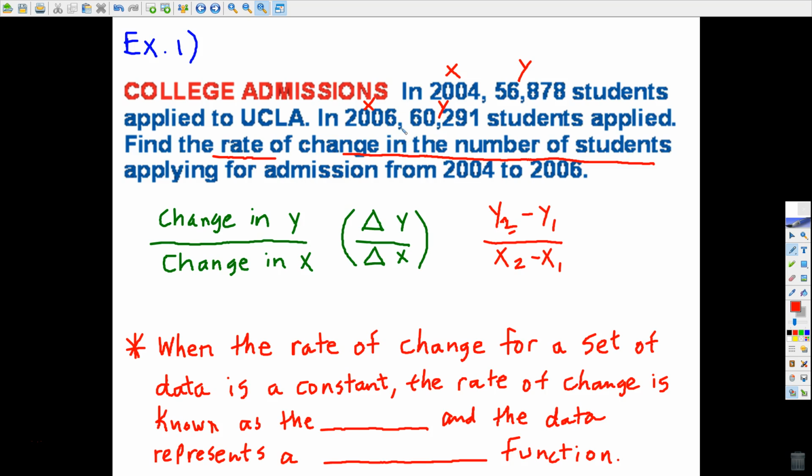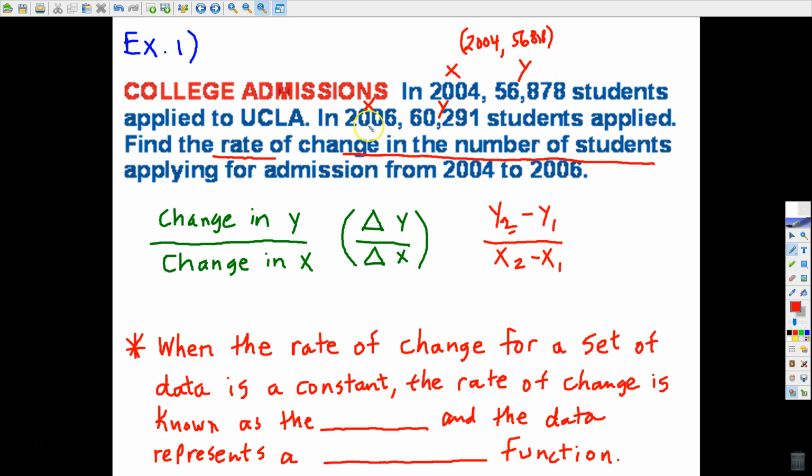Maybe you don't need that. Some people do have a little trouble identifying, and they end up flipping this over, and their slope, of course, is inverted. So I just wanted to throw that out as a suggestion if that's something that you may struggle with. So you can think of this as the ordered pair 2004, 56,878.